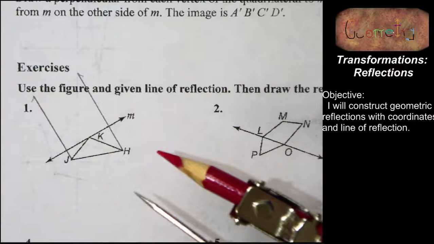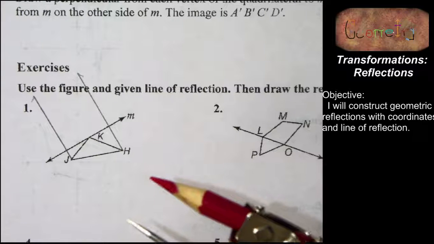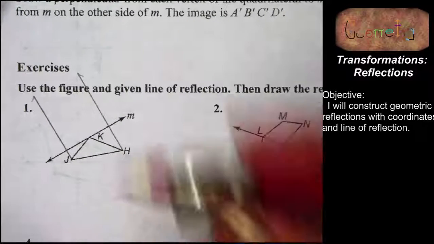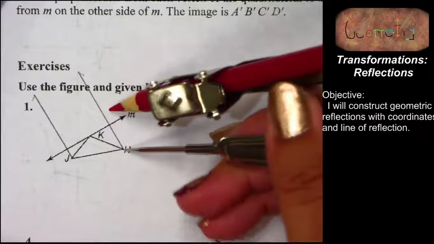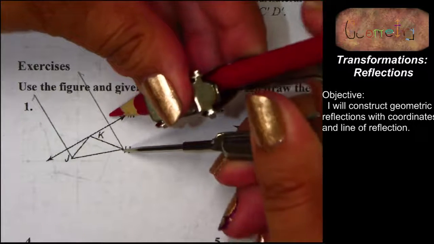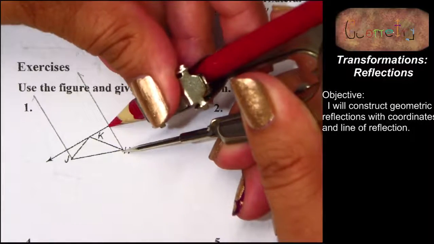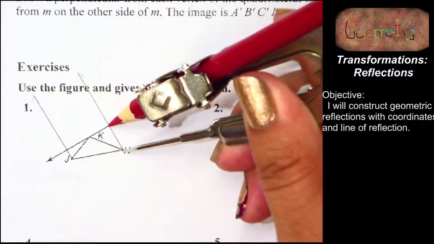Time for your compass. Using the technique from congruent segment construction, use your compass to find the distance between a vertex and the line of reflection, and make sure that you get that distance along the line that you drew at the beginning, that perpendicular.